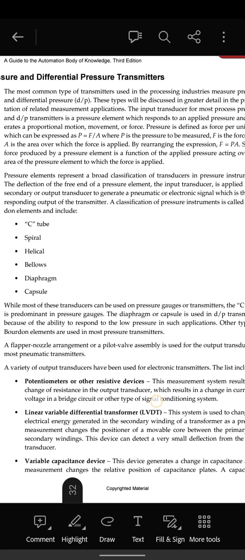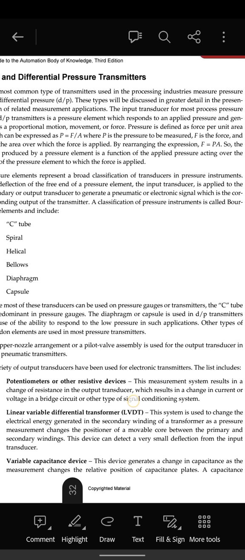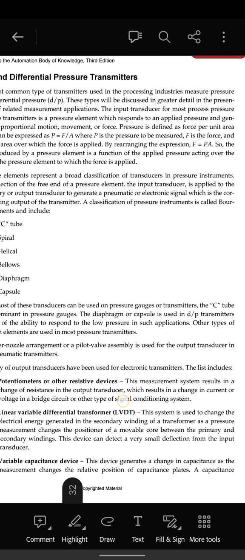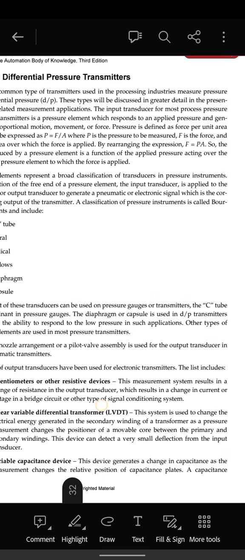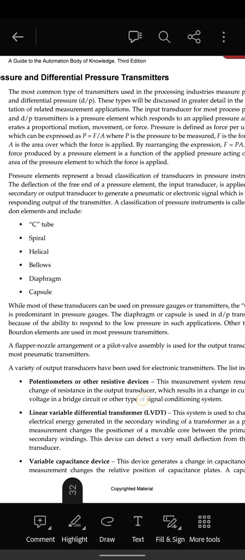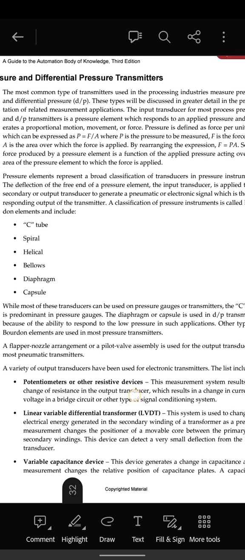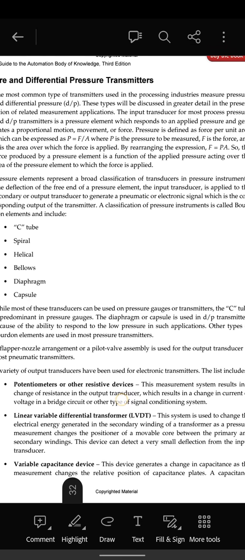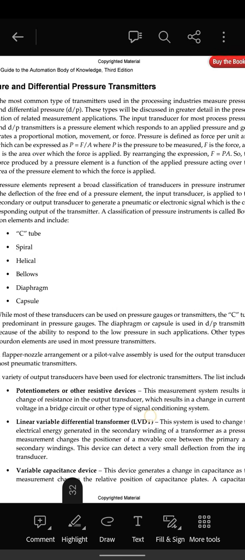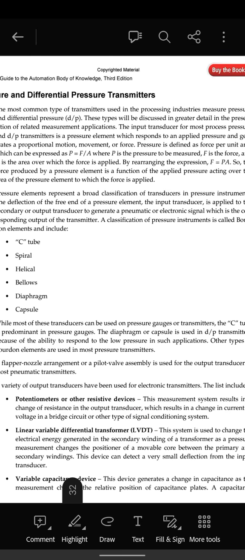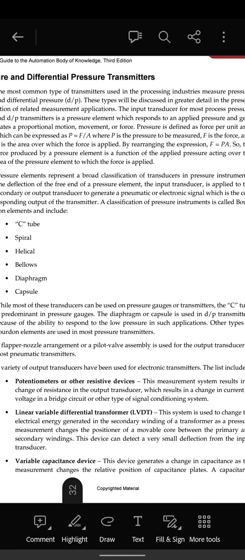A flapper nozzle arrangement or a pilot valve assembly is used for the output transducers in most pneumatic transmitters. A variety of output transducers have been used for electronic transmitters.